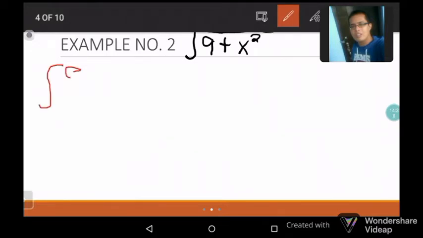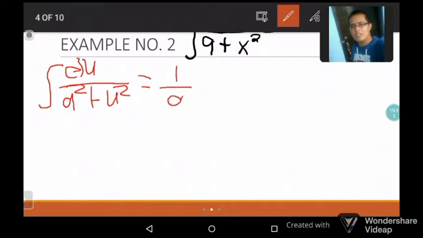What's the equivalent inverse trigonometric formula? Okay, very good. So, this is 1 over a arctan u over a. Then plus c. So, dito, ito rin ang gagawin natin sa example number 2 natin.